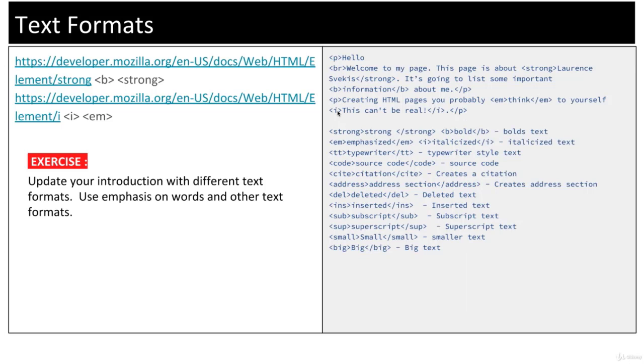So definitely try out the strong and the bold, the italic and the emphasized, and then check out typewriter, source code, cite, address, del, inserted, subscript, superscript, small and big to get a feel for what all of these different tags can do to the text and how it's going to make it look different. So pause the video here, try some of these, and I'll walk you through it coming up.